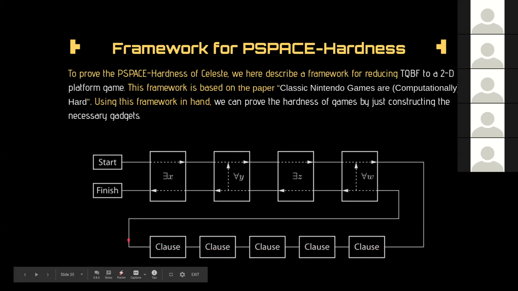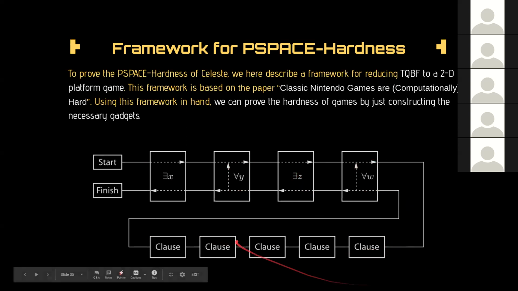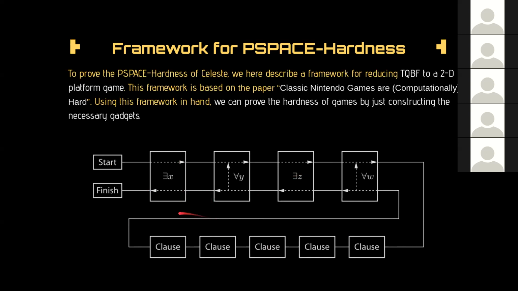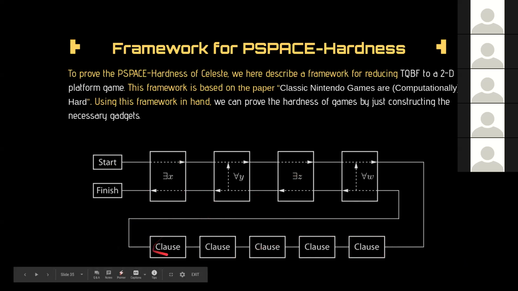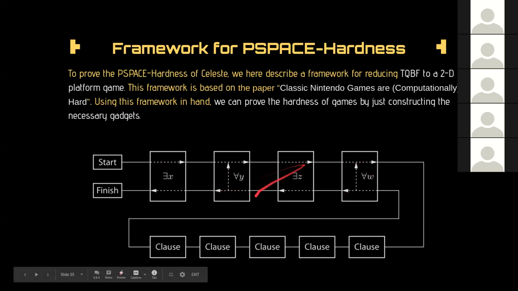So you move through here, come back, you set w as false, you move through here again, you set y as false, you set anything you like here, then you set this to true again, this to false, then you move through here, and if you are able to reach the finish, then you know that this expression always evaluates to true, since you can build a solution for it.